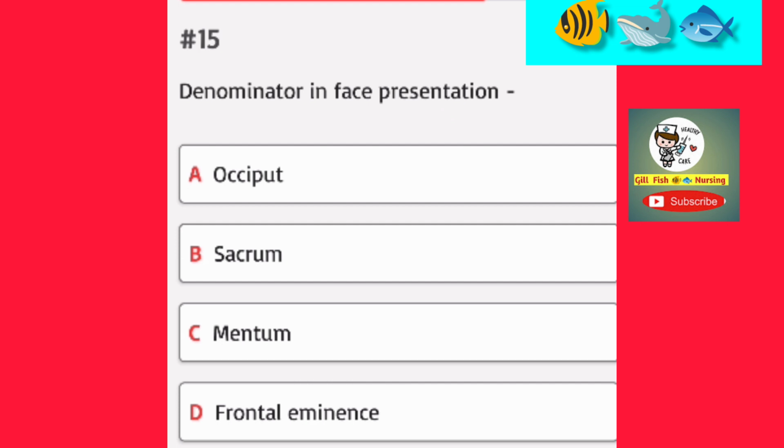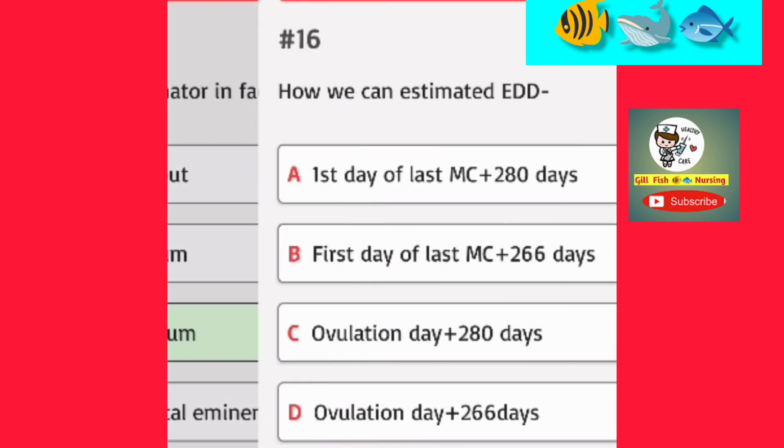Sacrum is for breech, which is in the other presentation. The correct answer is mentum, for face presentation. Occiput and frontal are for different conditions. Okay, fine. Then move on to another.